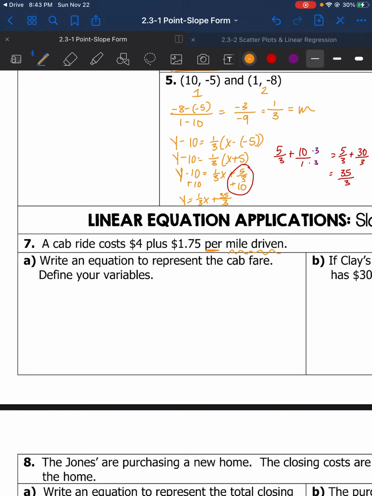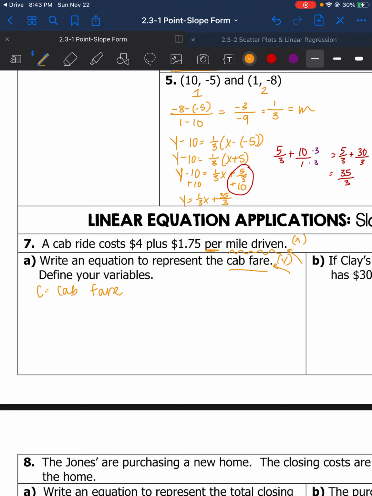Define your variables. Okay, so we want to represent cab fare. So let's say C is equal to cab fare. And a cab ride costs $4 plus. So per mile driven, that was our other. So this is our independent variable and our dependent variable. Okay, so normally this would be x, and this would be y. But in word problems, it's always much easier to use different letters other than x and y, so that you really know what you're talking about.